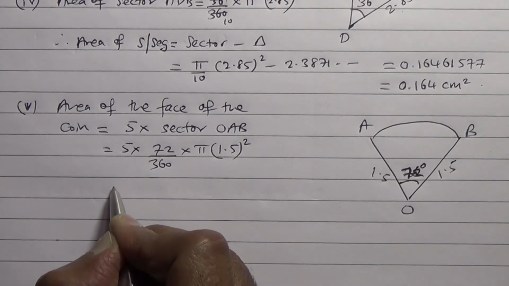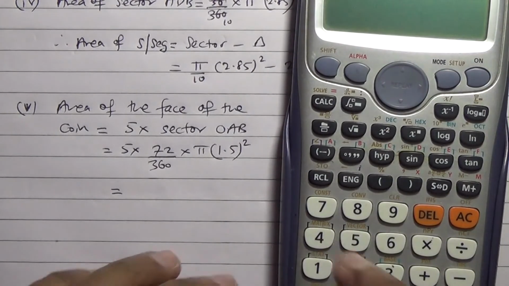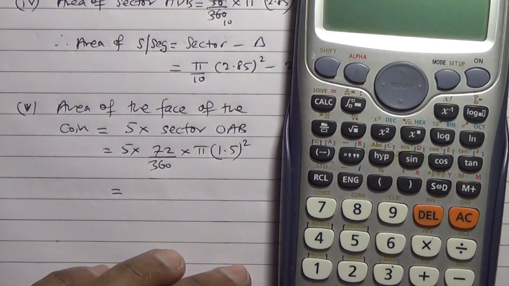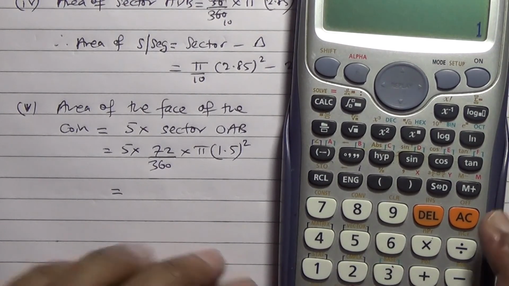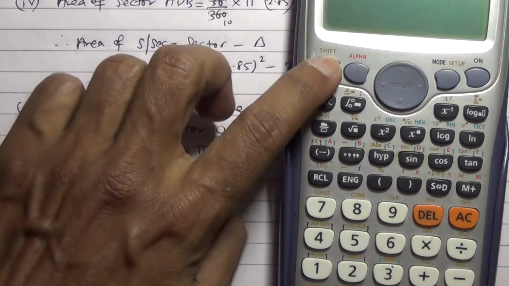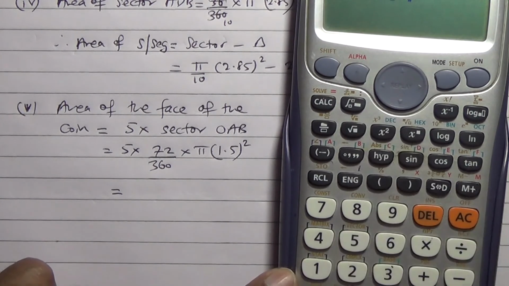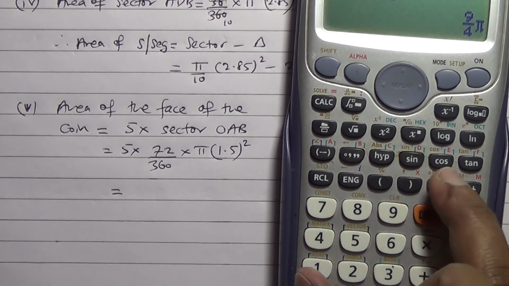So that's the answer. Okay, so this is 9 over 4 pi.